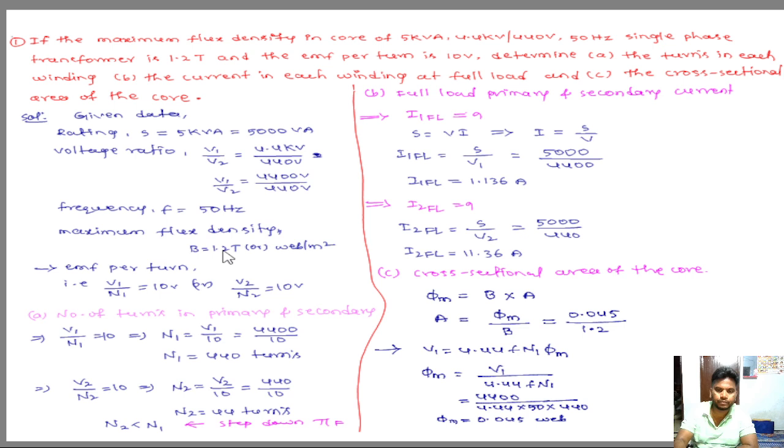So 0.045 by 1.2 is 0.0375 meters square.